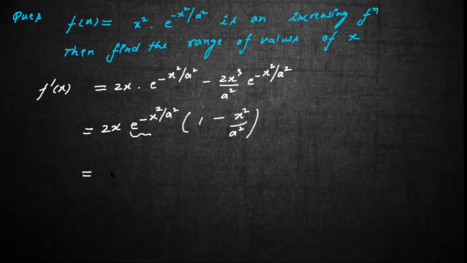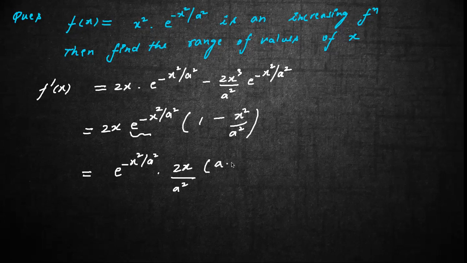We can write this as e raised to the power minus x square by a square into 2x, and take the LCM a square, so a square minus x square, so a plus x, a minus x. So here you have minus a. And there has to be something given about a, right?